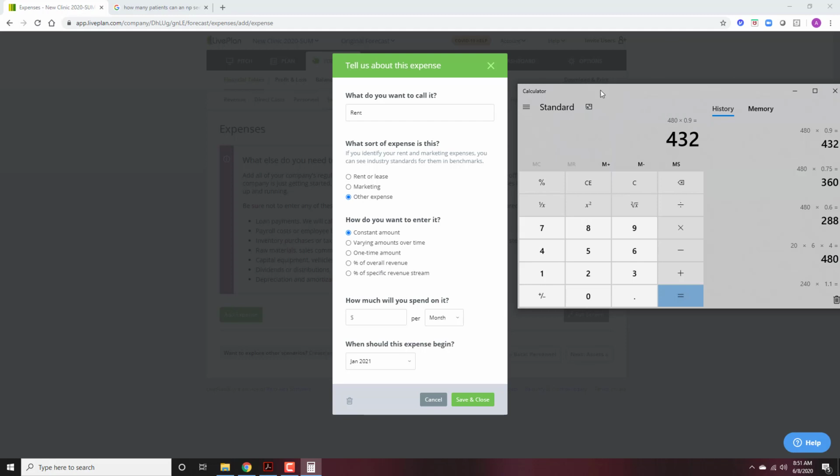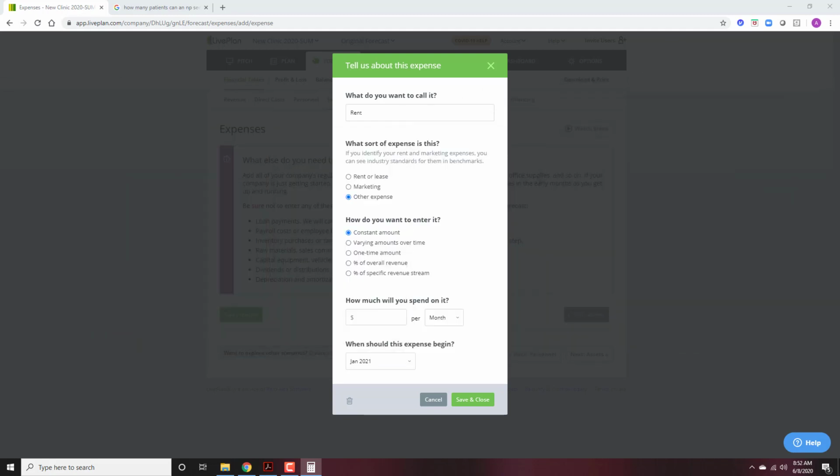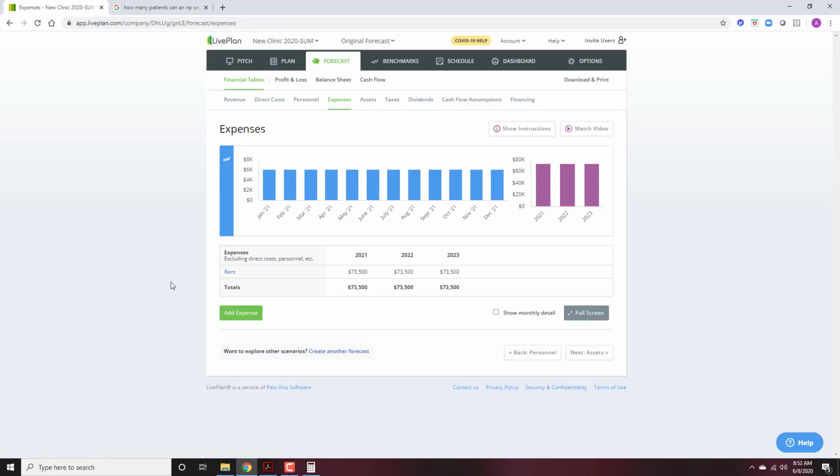We'll say rent is a constant amount, and I looked it up for this area for medical building. You've got to find out how much square footage you want, but let's just say 6,125 per month. So now we have rent expense.